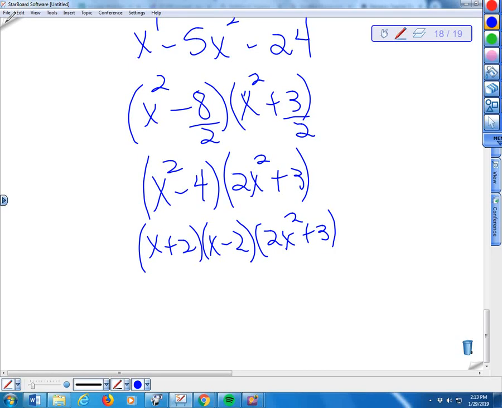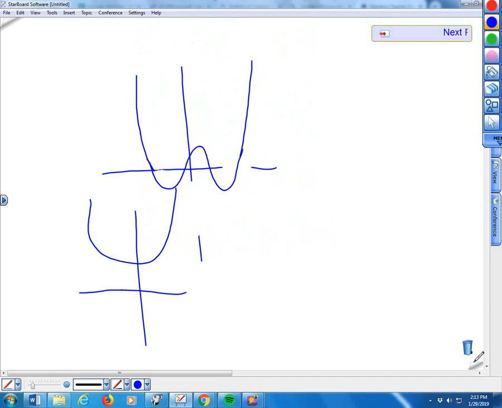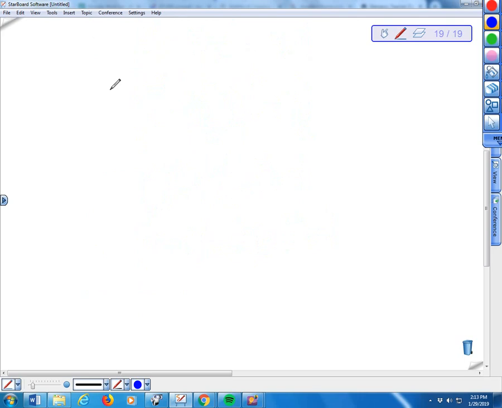Okay? And then the last kind is the sum and difference of 2 cubes. So 27 is a perfect cube, 8 is a perfect cube, x cubed is a perfect cube, y cubed is a perfect cube.